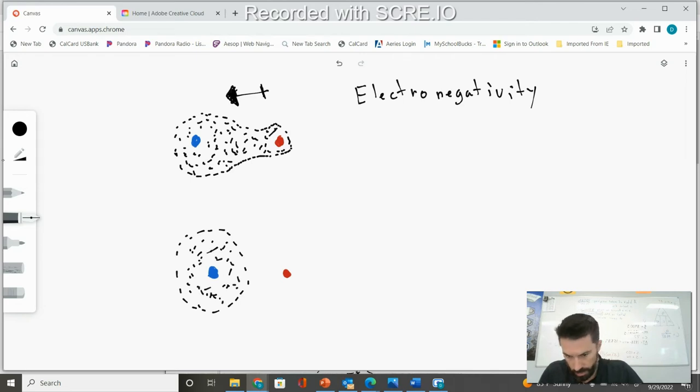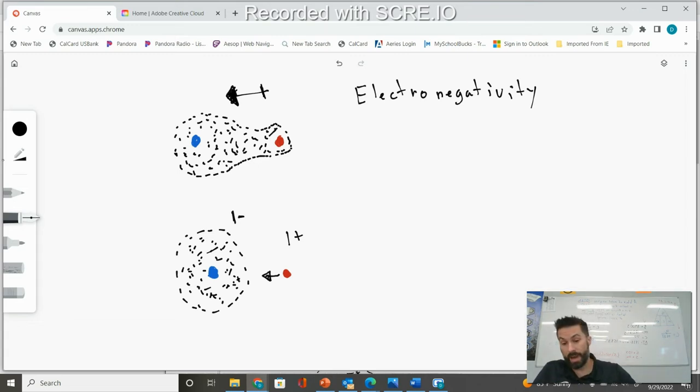Now, since this had one electron and now it has two, technically its charge is 1 minus. Since this had one electron and now it has lost it, it is 1 plus. Are they going to be attracted to each other? Yeah, because negatives attract positives. So this nuclei is going to be pulled towards that electron cloud.